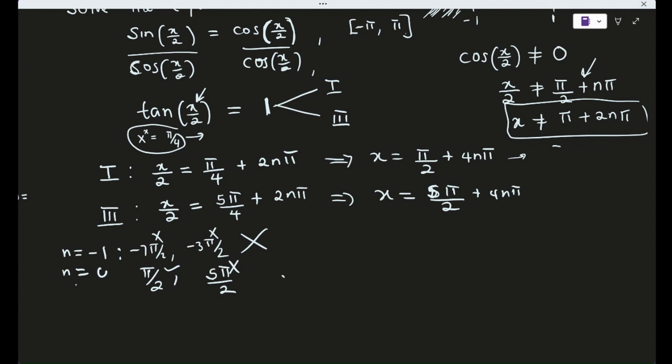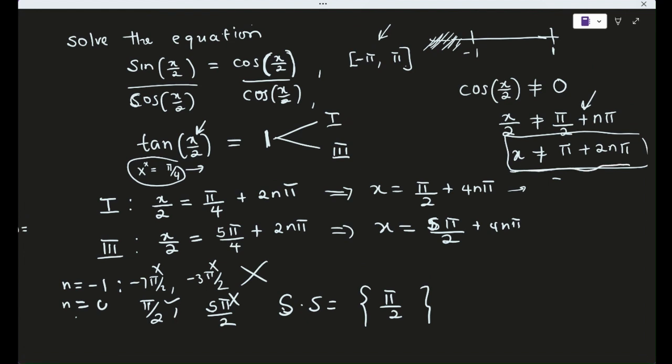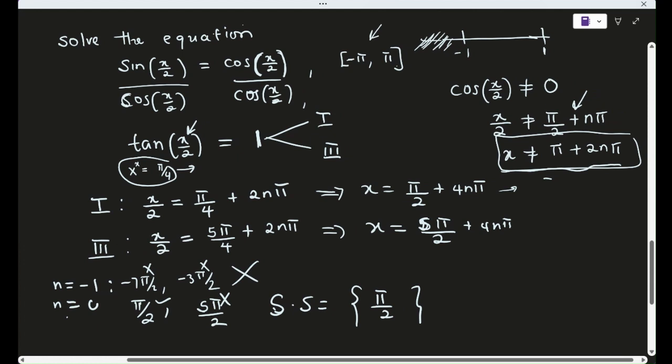Is pi over 2. So now, so far, our solution set is just pi over 2. Now let's return back here. Here we said x should not be pi or 2n pi. Fortunately, we don't have it inside the solution set.